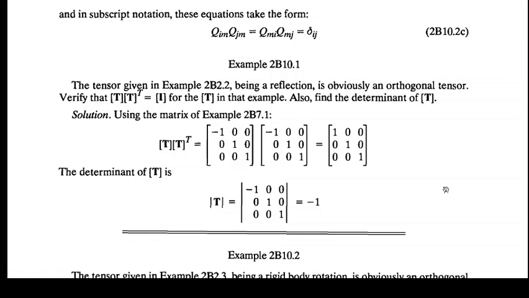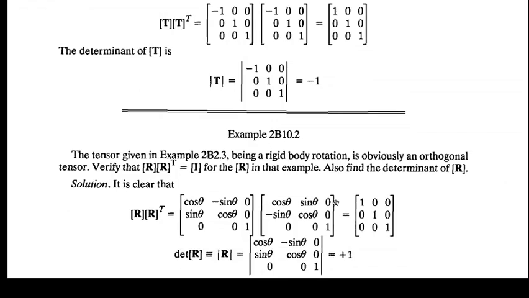Now this is another result which we are going to write for an orthogonal tensor. If you go for its determinant, then we will have its determinant -1.